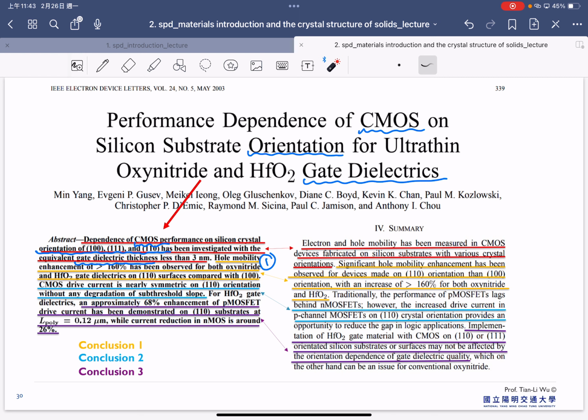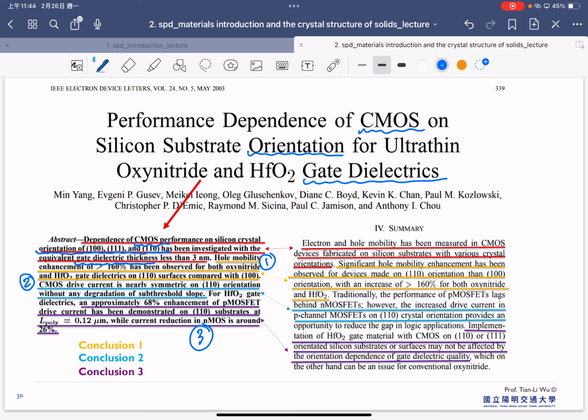That's the first conclusion. The second one: CMOS driving current is nearly symmetric on a certain orientation, without any degradation of the subthreshold slope. And the third conclusion: around 68% enhancement of the driving current has been seen on a certain substrate. Anyhow, you can see this is just a 1, 2, 3 conclusion.